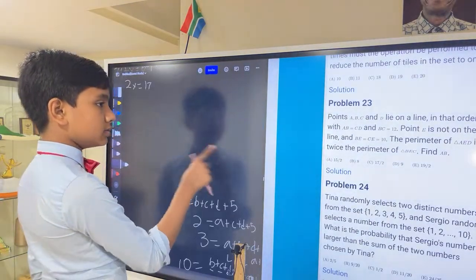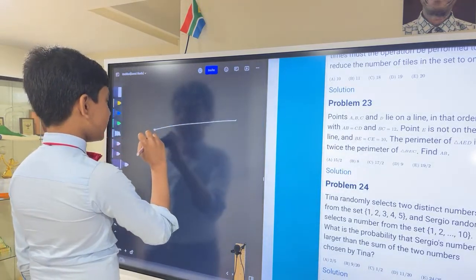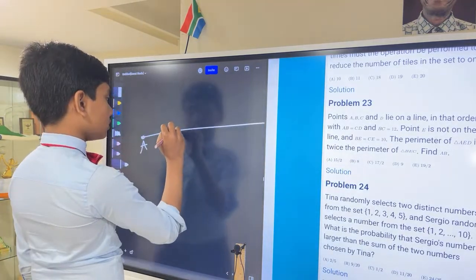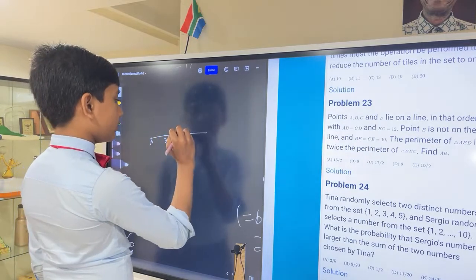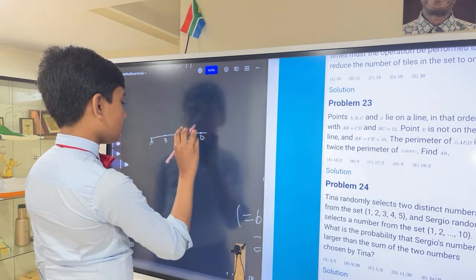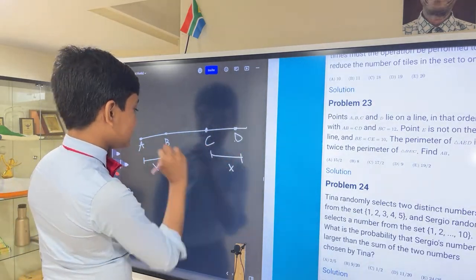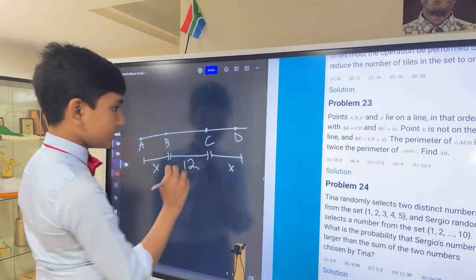I'll try. Okay. So we have A, B, C, and D. AB and CD are both, let's say, a length of x, and BC is exactly 12.